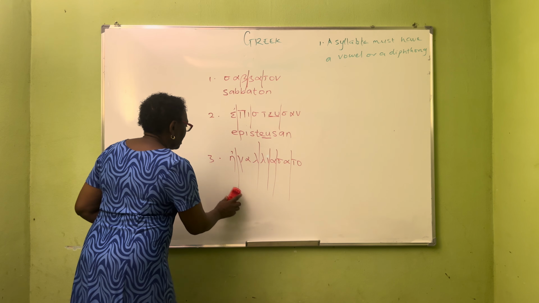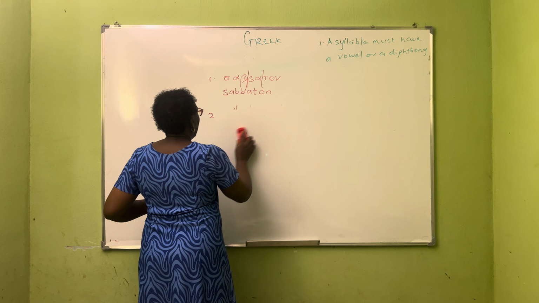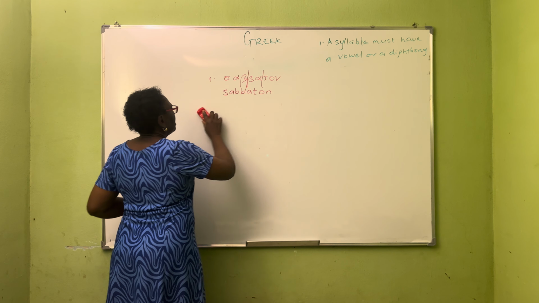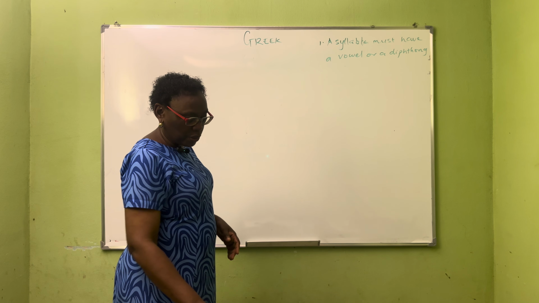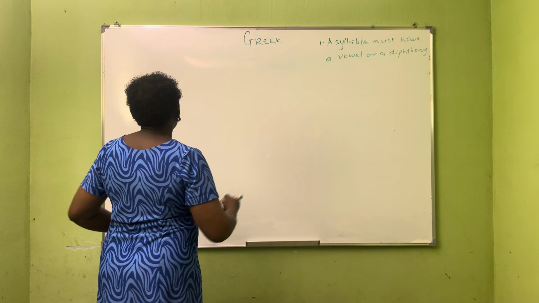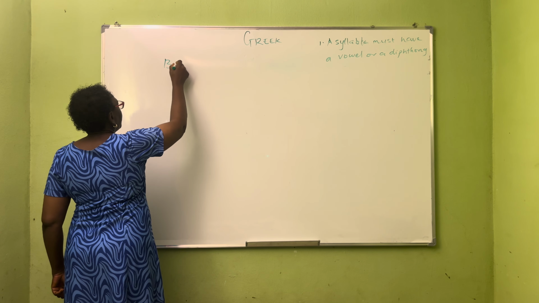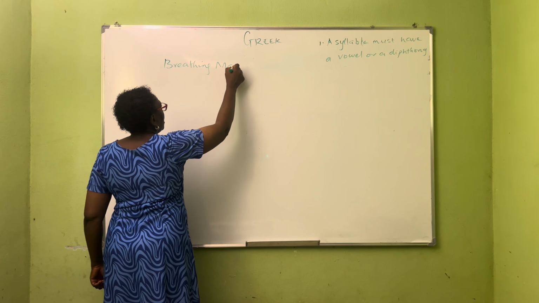There are other concepts in Greek that I want you to be aware of. There are other features we find in the language, and that feature is called breathing marks. What do you mean by breathing marks?